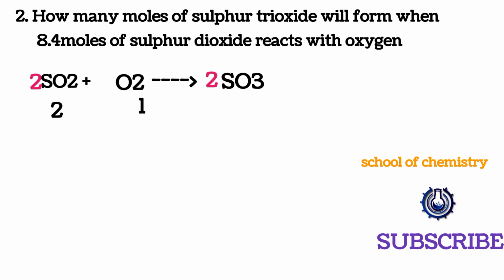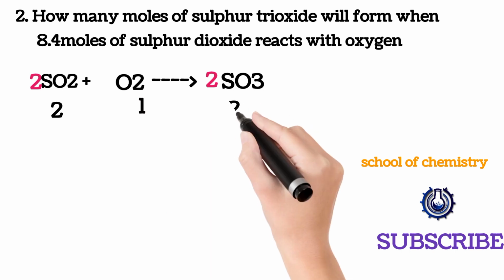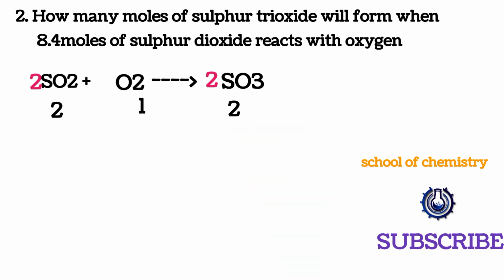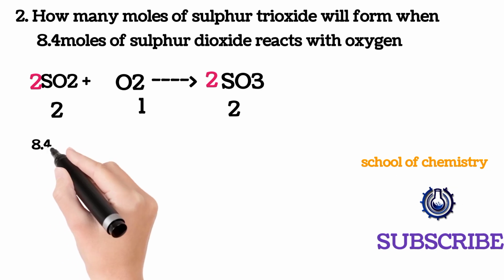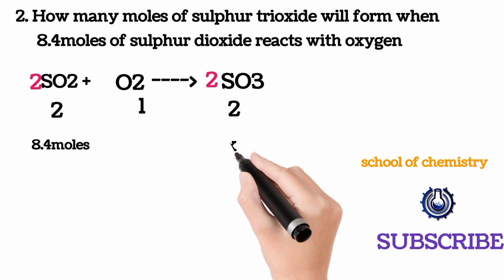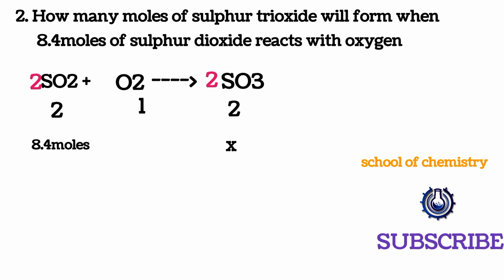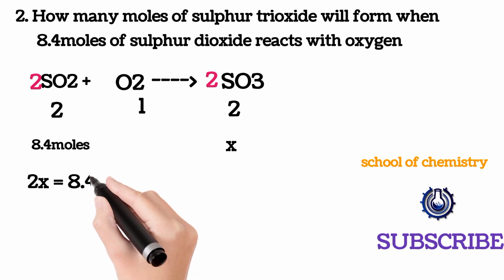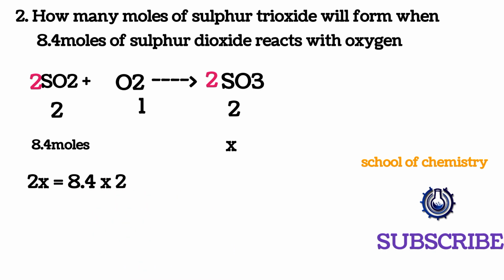Now the mole ratio would have 2 moles of sulfur dioxide react with 1 mole of oxygen to form 2 moles of sulfur trioxide. The question is, how many moles of sulfur trioxide will form when 8.4 moles of SO2 react? So we have 8.4 here, we are looking for x. If you cross multiply, we are going to have 2 times x equals 8.4 times 2.